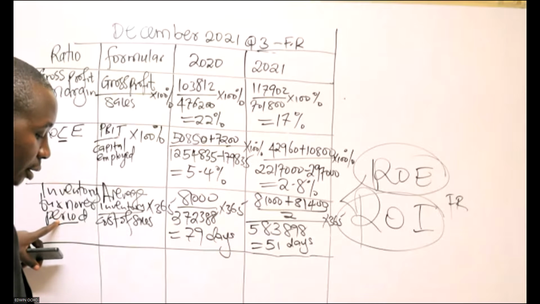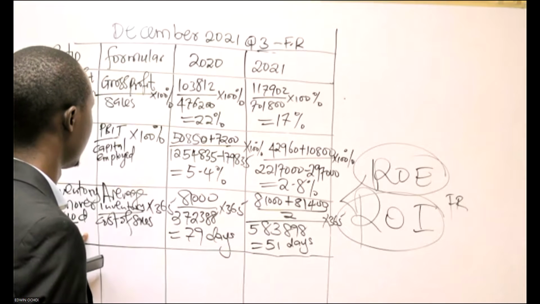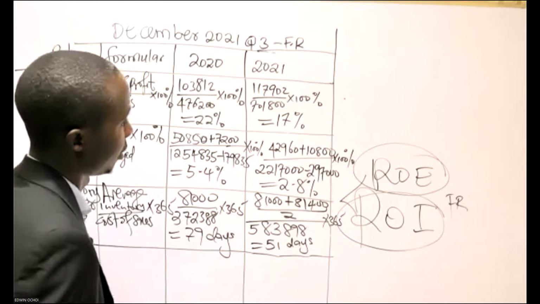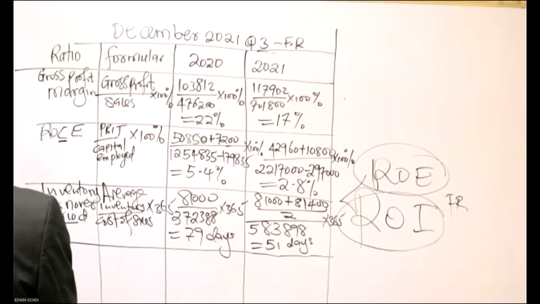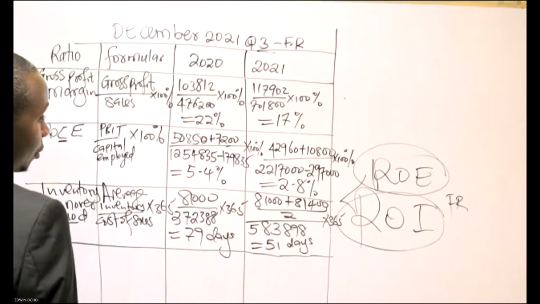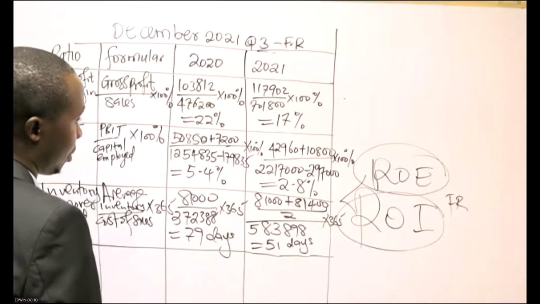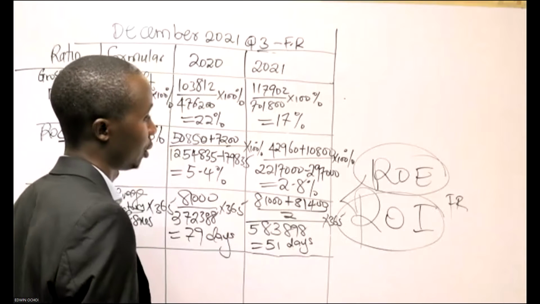The number of days it takes to sell the inventory on hand. So meaning that the company is doing well in the year 2021 compared to 2020.